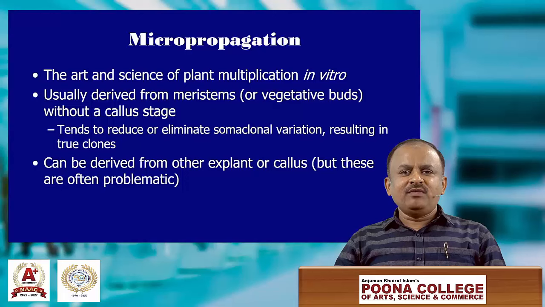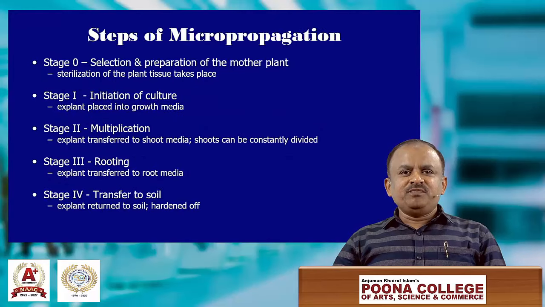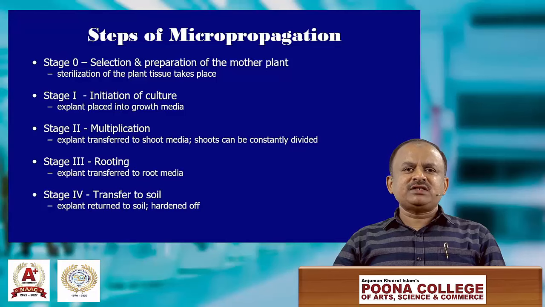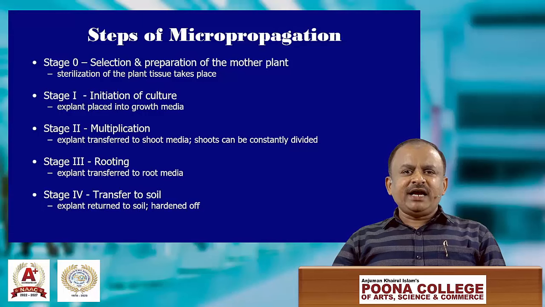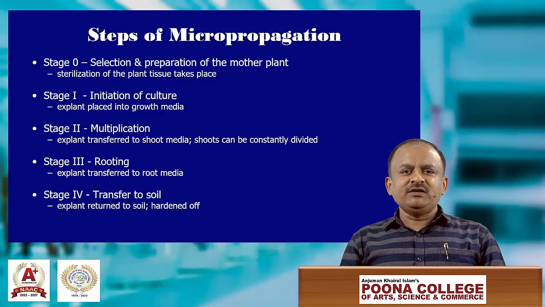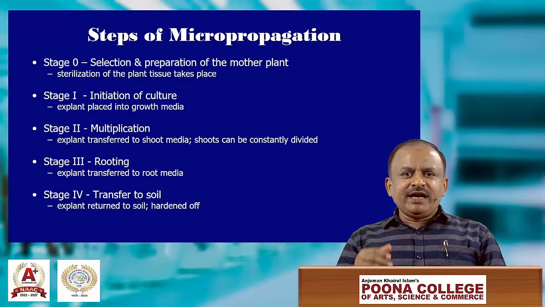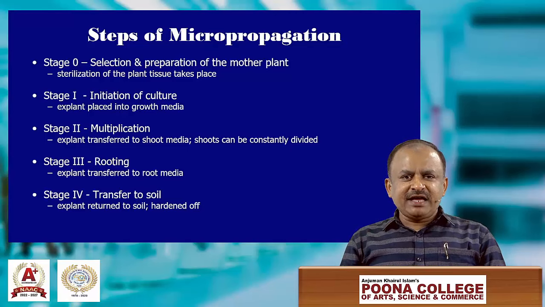It can be derived from other explants or callus, but these are often problematic. All these are the different steps of micropropagation. The first step, which is very important, is selection and preparation of the mother plant. Here sterilization of the plant tissue takes place. In addition, initiation of culture is very important: the explant is placed into the growth medium. Then the multiplication stage follows.